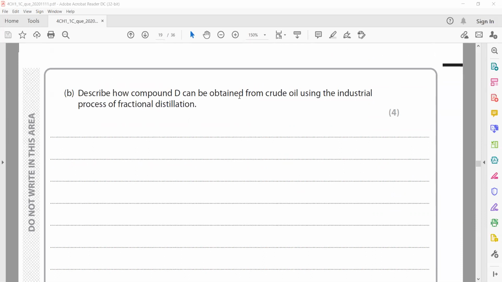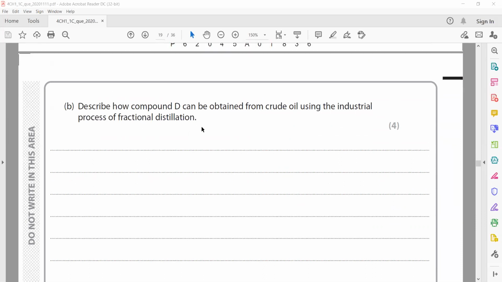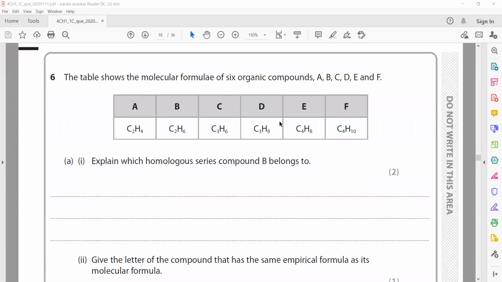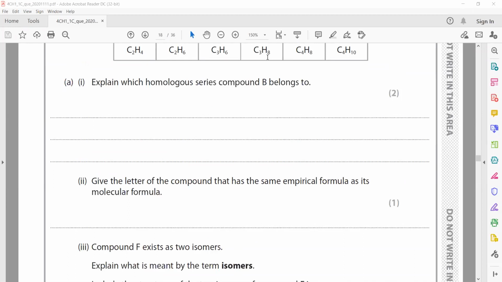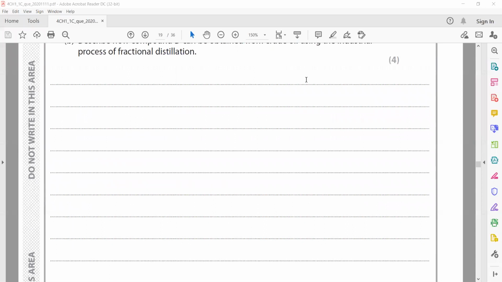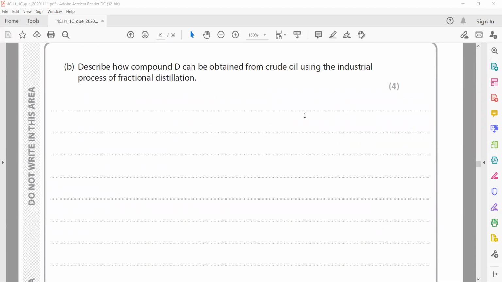Describe how compound D can be obtained from crude oil using the industrial process of fractional distillation. Compound D is what? It is propane. So fractional distillation of crude oil, the 4 marks, those who are appearing for Edexcel know that you have to write crude oil is heated, and crude oil is a mixture of hydrocarbons, and we can separate on the basis of the boiling point.